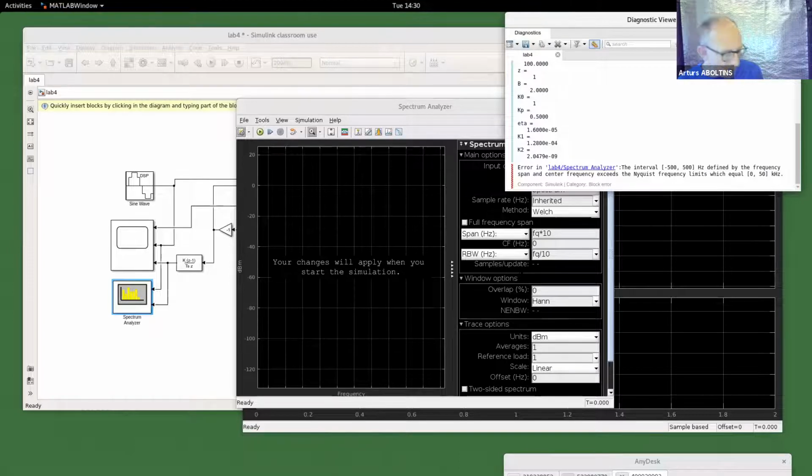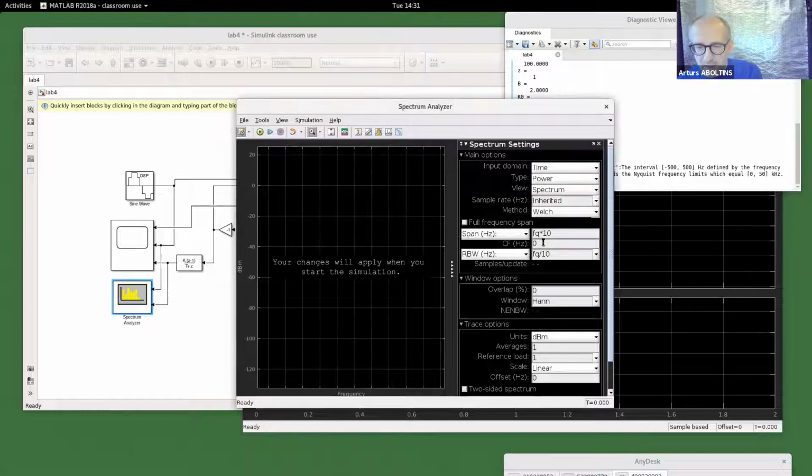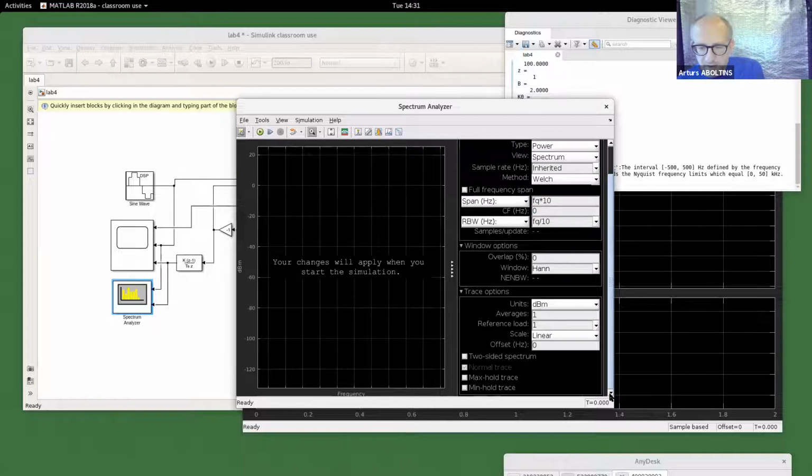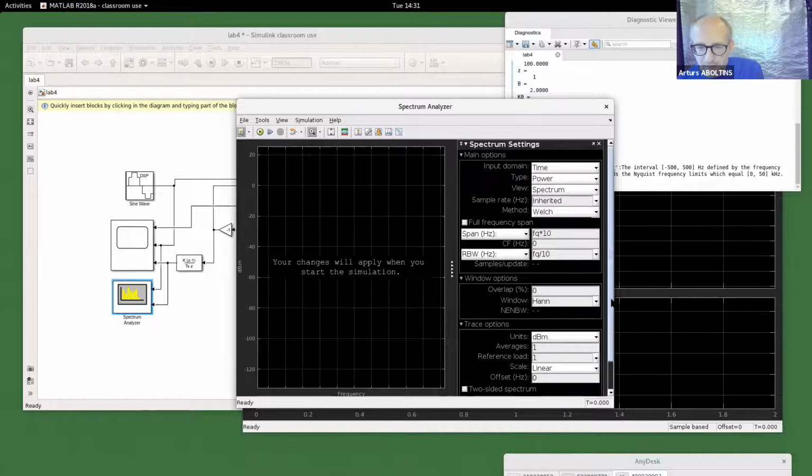Okay, and this is a bug of the Simulink, which always has this center frequency non-zero. But what does this center frequency mean? Because if it is not double-sided, there is no parameter center frequency.